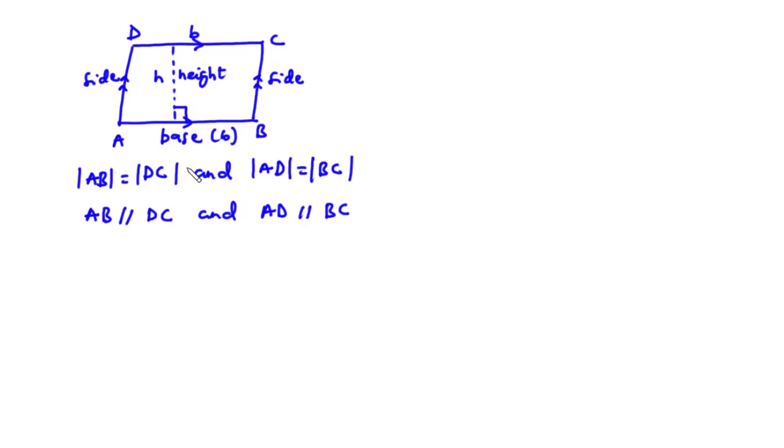Now let's move on to the perimeter and the area of a parallelogram. The perimeter of a parallelogram is the sum of the lengths of all its four sides. Now we have two base lengths, that is AB and DC, and then we have two side lengths, BC and AD.